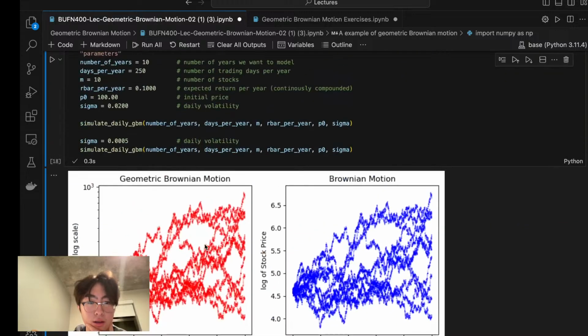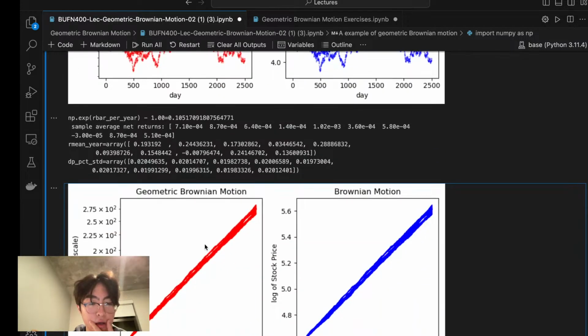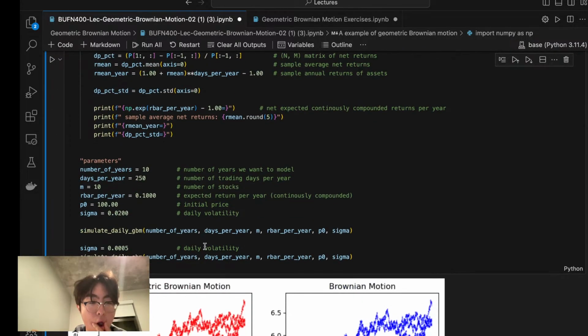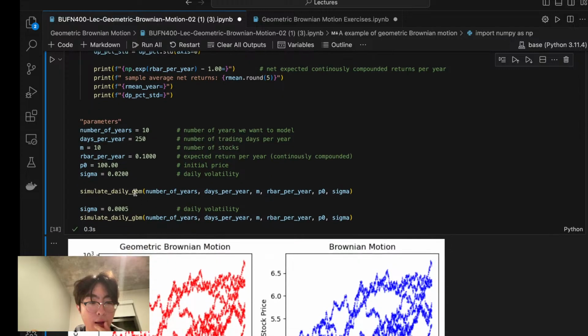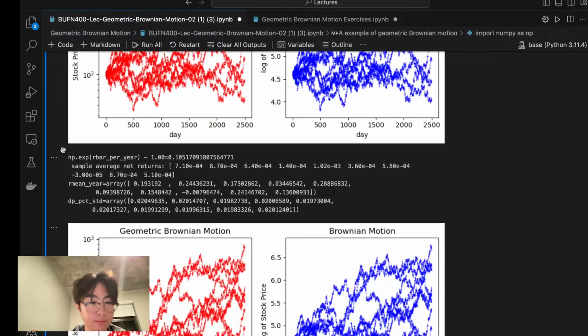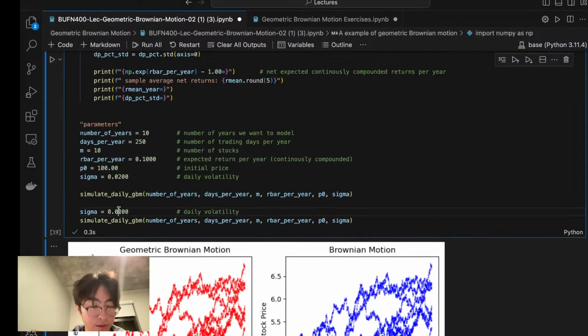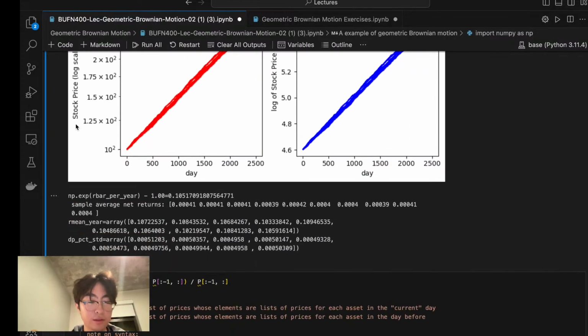Okay, this is not in logs. Is it in log scale? So let's say our sigma is 0.02 again. Yeah, it is. Okay, well, if we do in log scale, then this happens.